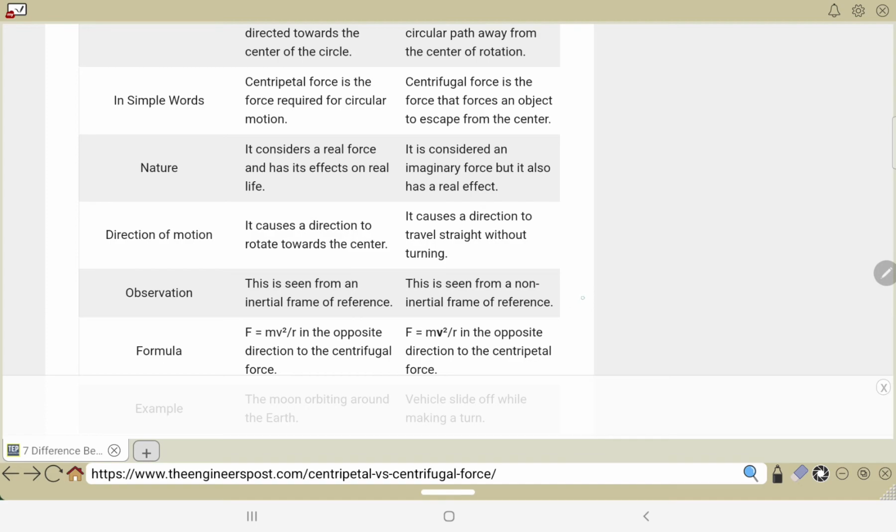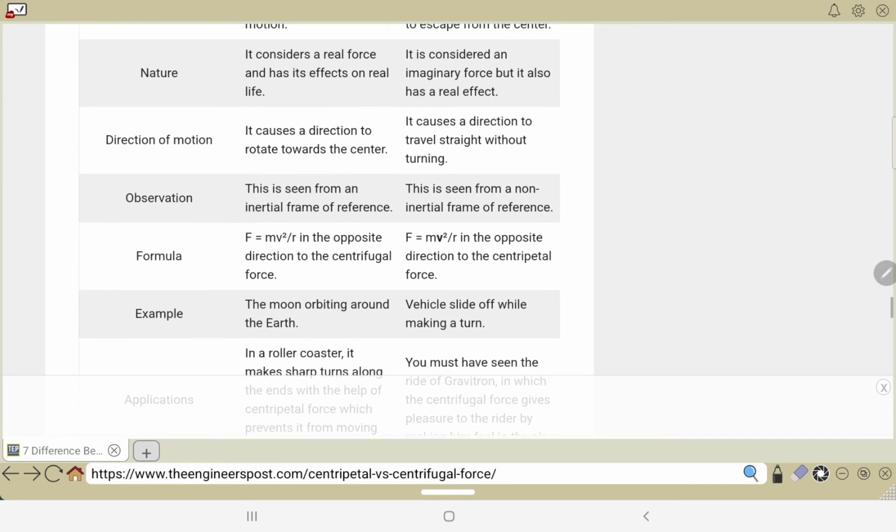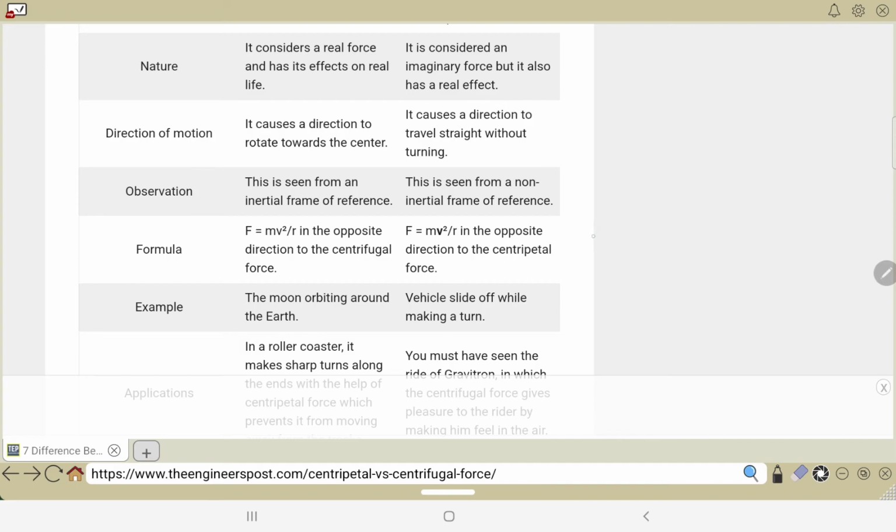Let us see what is the direction of centripetal force. Centripetal force causes an object to rotate towards the center, and centrifugal force causes an object to travel straight without turning. Centripetal force is seen from an inertial frame of reference, and centrifugal force is seen from a non-inertial frame of reference.